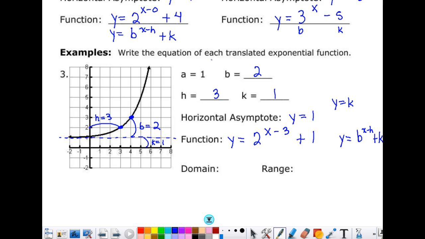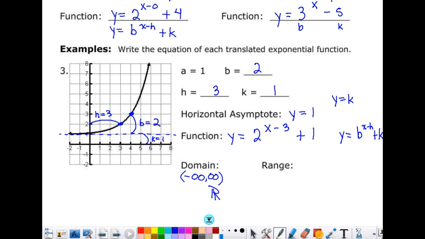Now, it's getting there rather slowly because it's so steep, but it will gradually get there. So you can write it like this, but that's a lot of pen strokes when you can just do all real numbers. So your domains are going to always be all real numbers, so that makes that part easy.